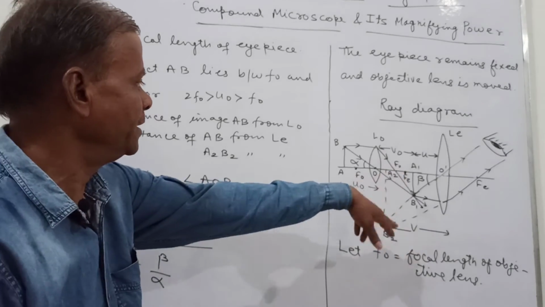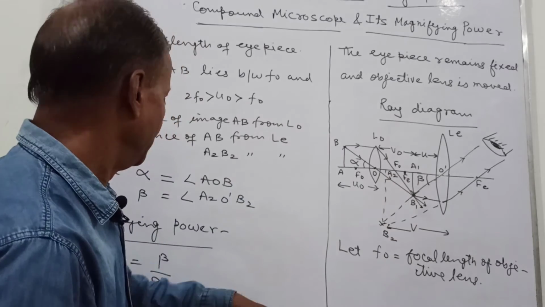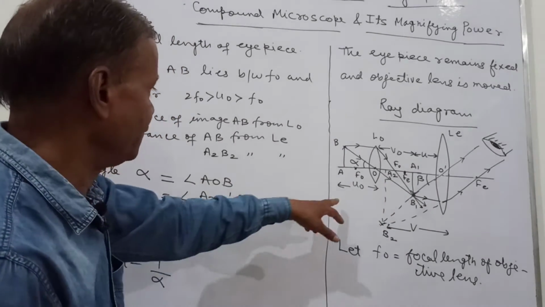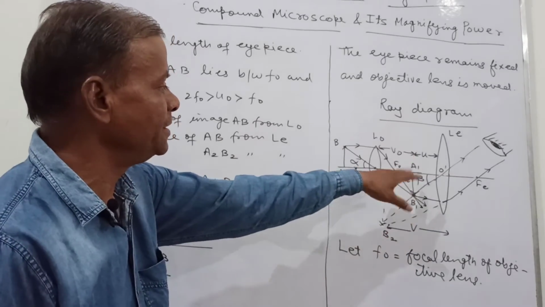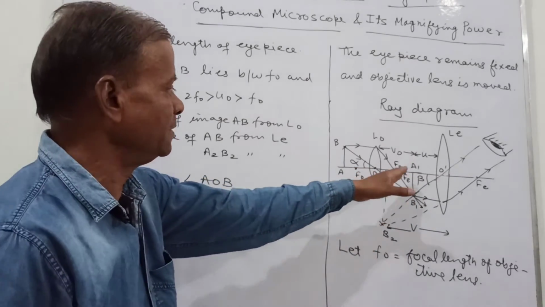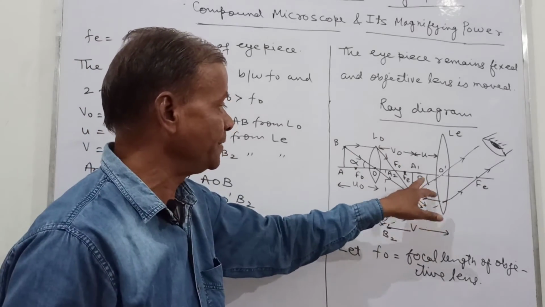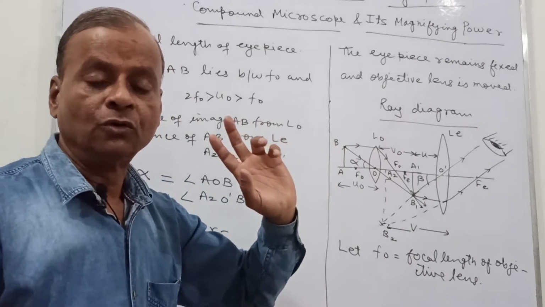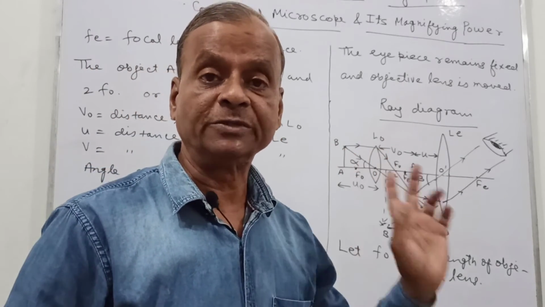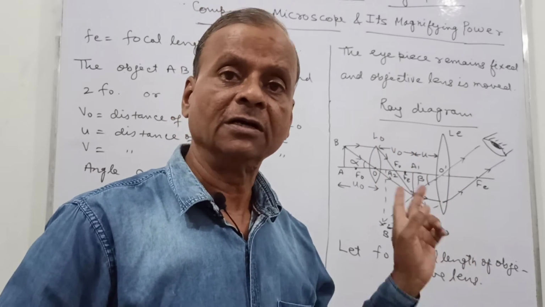You can see from here that beta is equal to A2B2 upon O dash A2, and alpha is equal to AB upon OA. Now this A1B1 is common in both. A1B1 is the image formed by this lens L0, and this image will act as the object for this lens LE. So the image formed by the objective lens acts as the object for the eyepiece.